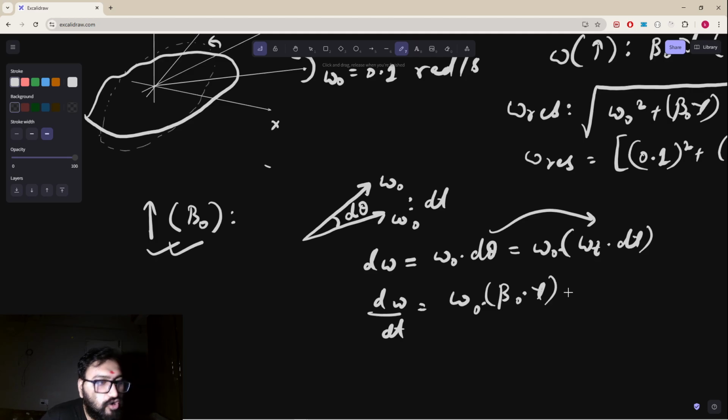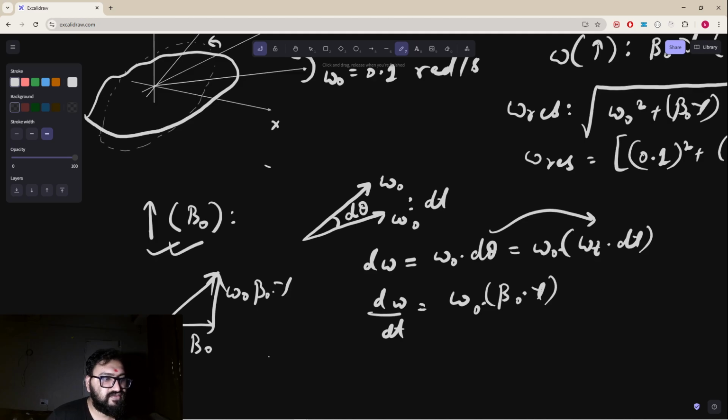Now since it is in the horizontal plane and this particular angular acceleration is in the vertical direction, I can find out the resultant by just using the Pythagoras theorem, finding the resultant between two vectors which are perpendicular to each other. So let's say this is beta naught and this would be omega naught into beta naught into t. This is going to be the resultant.